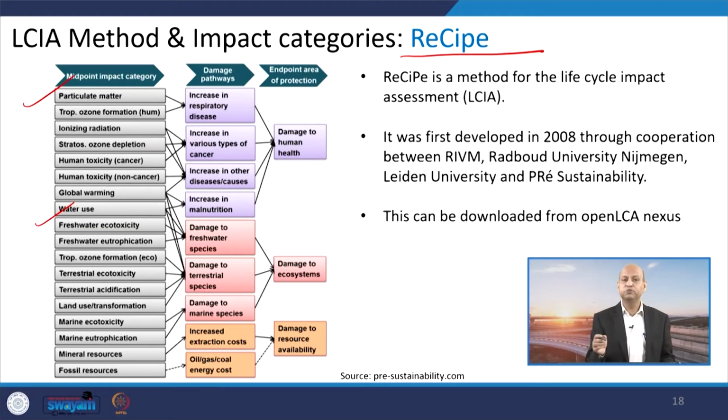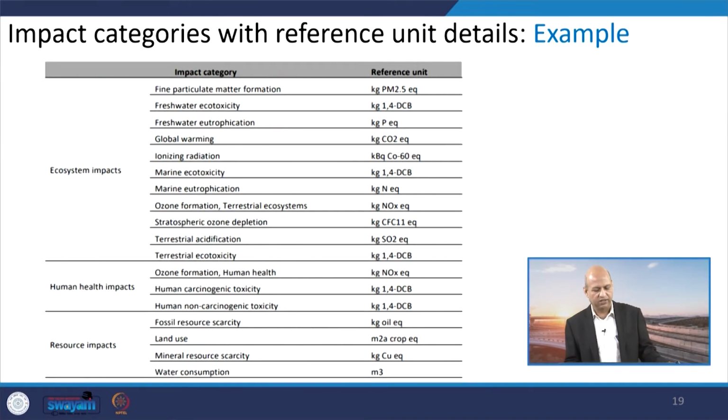Similarly, the damage pathways are in terms of an increase in respiratory diseases, damage to freshwater species, and damage to terrestrial species. Those kinds of categories we have considered. And the endpoint areas of protection are damage to human health, damage to ecosystems, and damage to resource availability. In those terms we have to see the things. So, this LCIA module is used for this particular study.